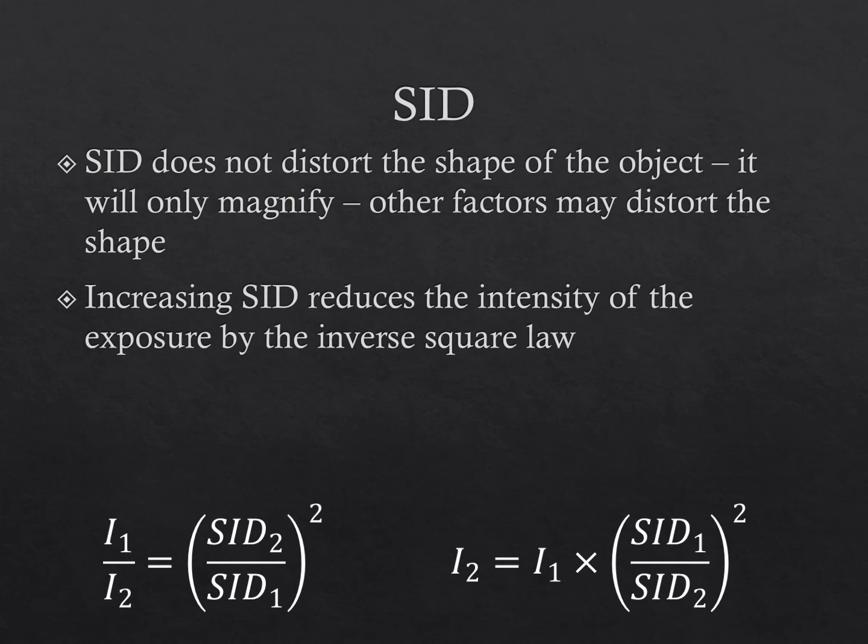SID does not distort the shape of the object at all. It will only magnify. There are many other factors that distort the shape, and we'll talk about those in a moment. But increasing the SID does reduce the intensity of the exposure. You remember we did the inverse square law, talking about the occupational exposure, the milliroentgen exposure to the person.